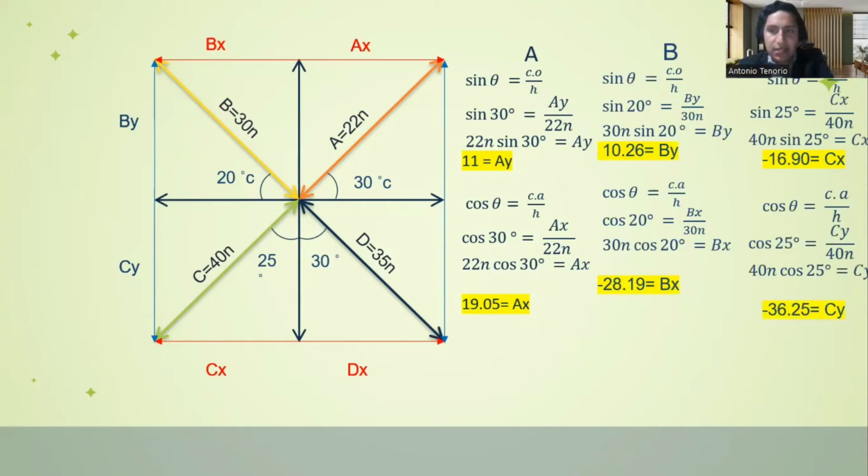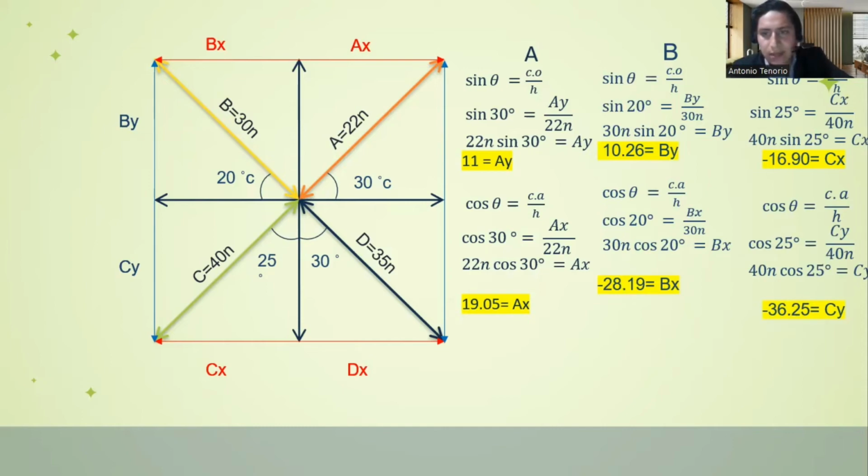The vector B and the vector C have negative results. When I take the cosine of B, the result is negative 28.19 equals BX. BX is negative.